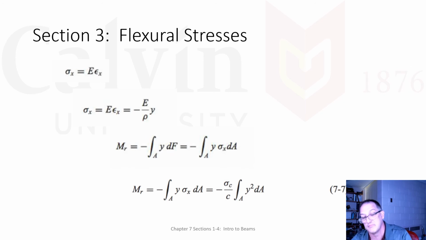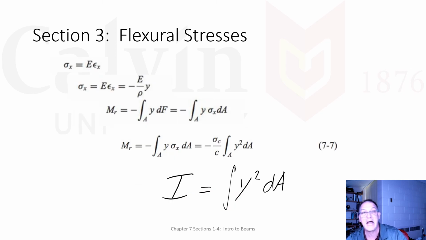And then I get the resulting moments at that cross section equal to, and I start factoring it all out, and I get that. Out of that, you might see some stuff that looks similar to torsion. I've got this term, y squared dA, and I pulled my constants out front.